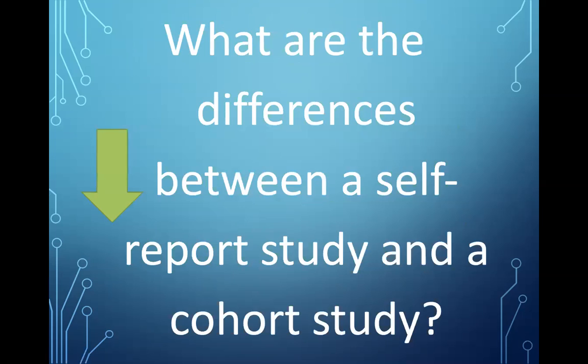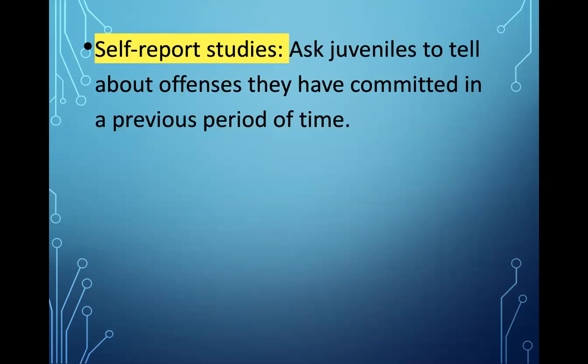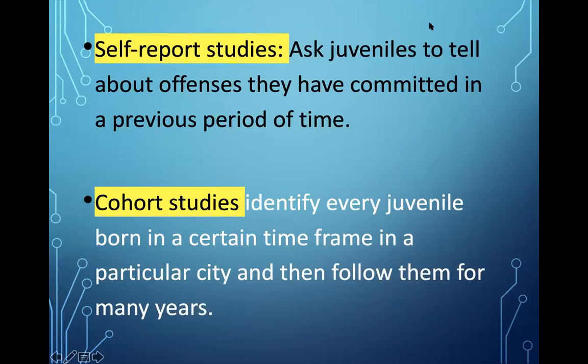All right, so what are the differences between a self-report study and a cohort study? A self-report study asked juveniles about offenses they committed in a previous time period. Cohort studies identify every juvenile born in a certain time frame in a particular city and then follow them for many years.